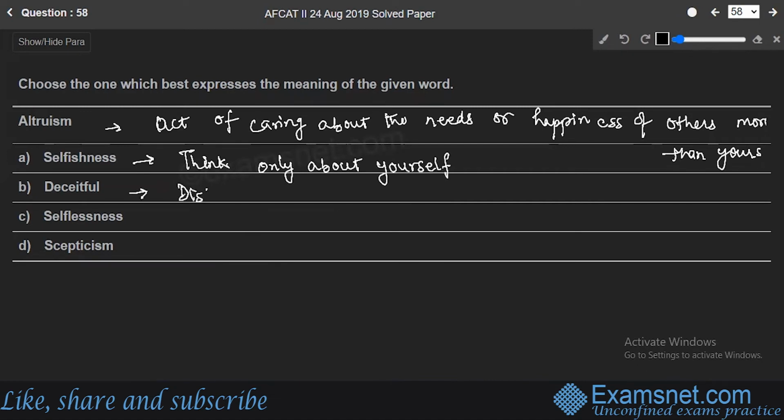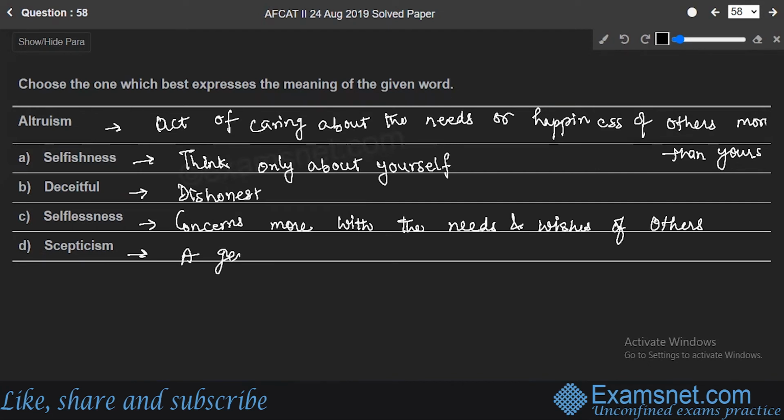Deceitful means dishonest, and selflessness means being concerned more with the needs and wishes of others than your own self. Skepticism means a general feeling of doubt about something.